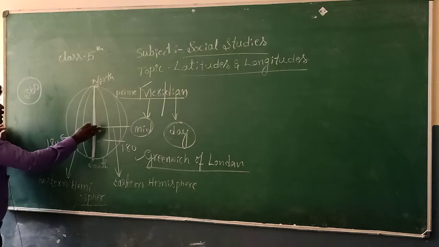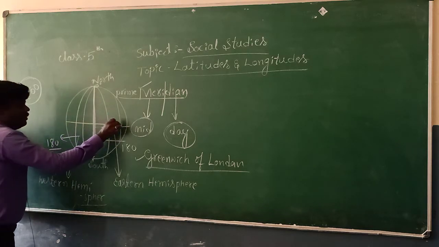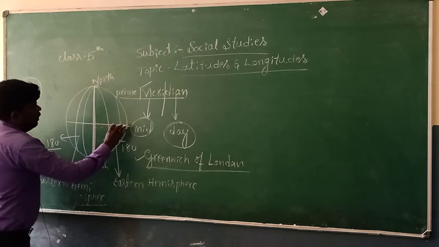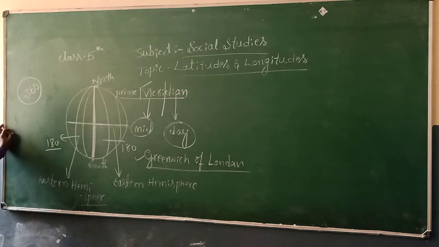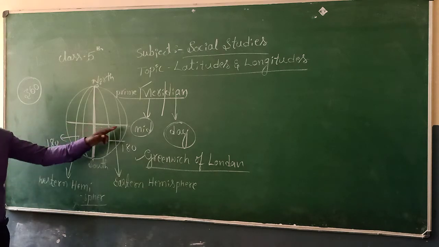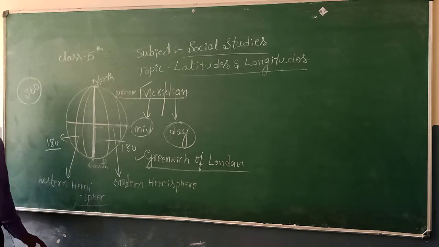And next, children, look here. This is the equator, the great circle. It passes through the middle of the earth.